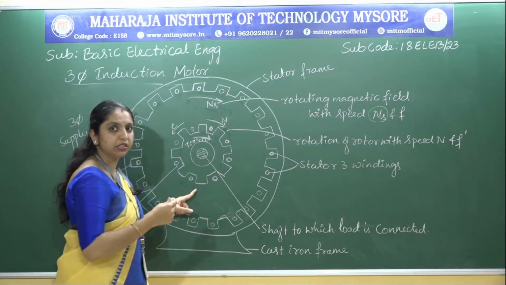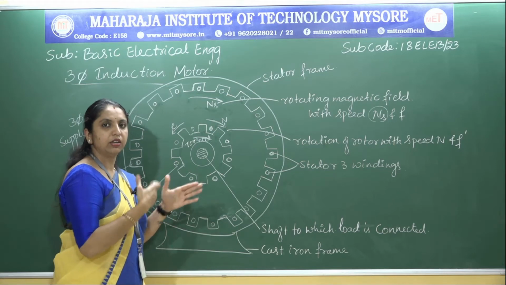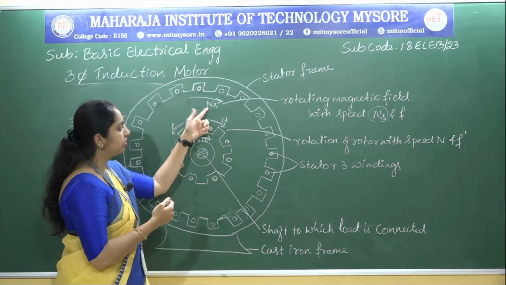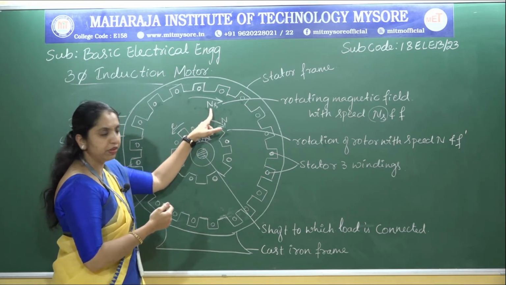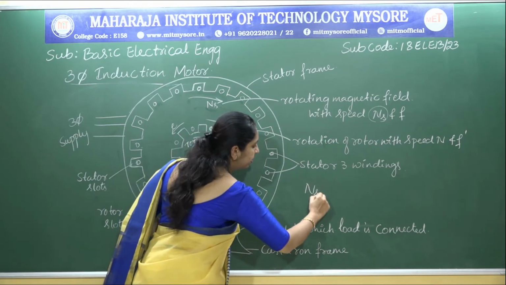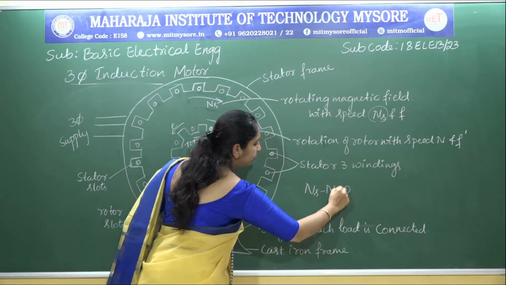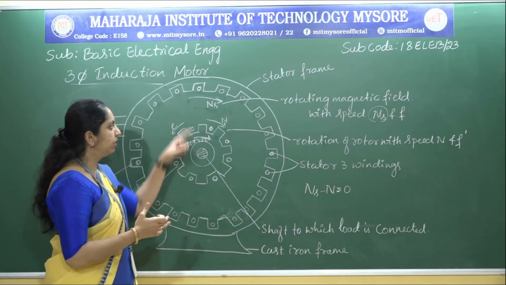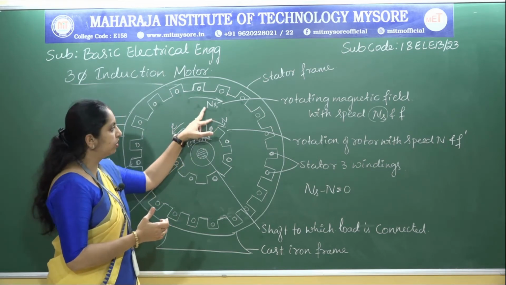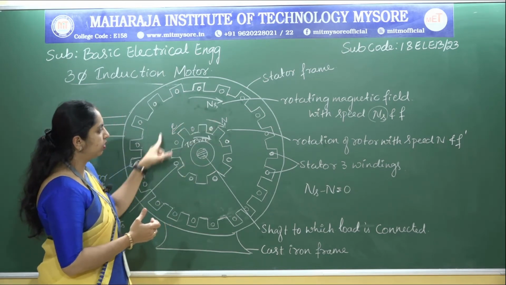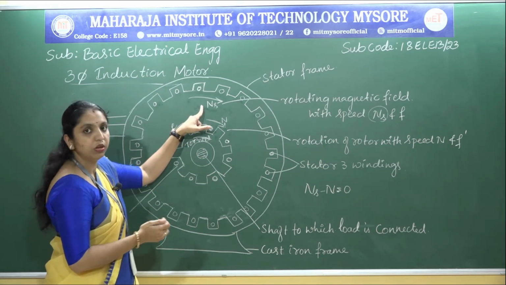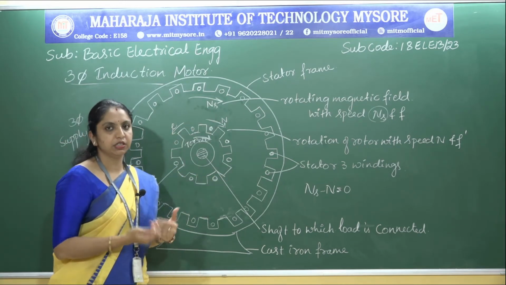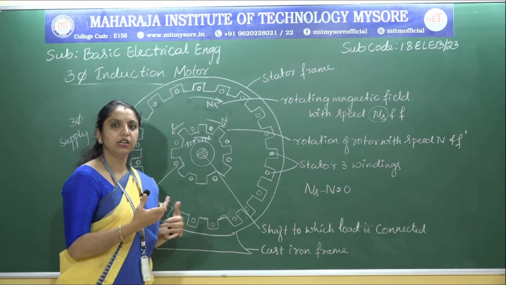When it catches up with Ns, the relative speed, Ns minus N, becomes 0. When both speeds are the same, that means Ns is equal to N, and the relative speed, the difference between Ns and N, becomes 0.